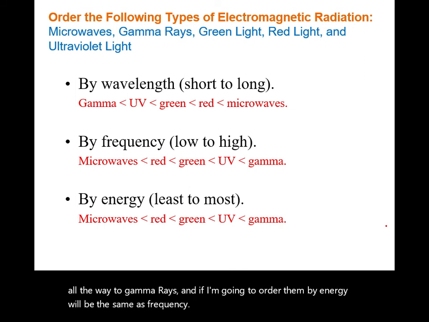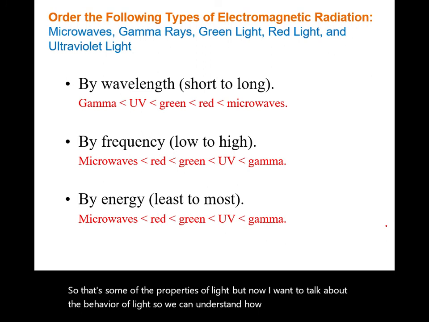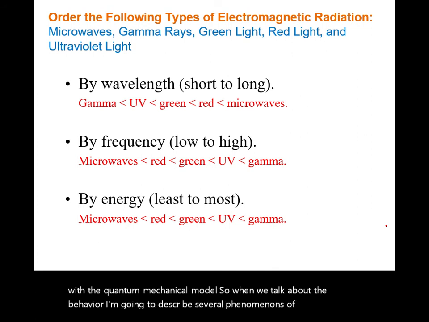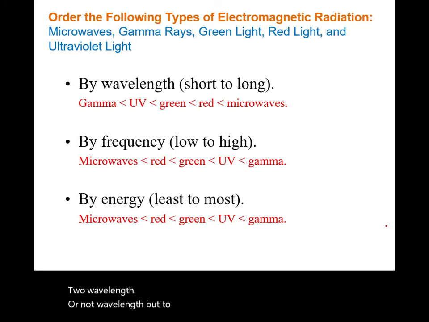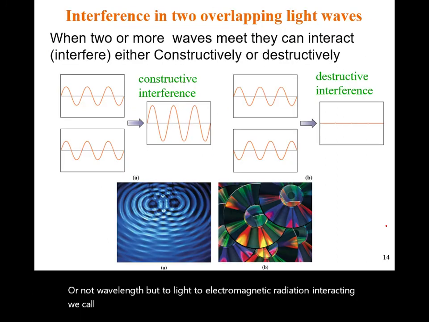All right. So that's some of the properties of light. But now I want to talk about the behavior of light so we can understand how it was used to come up with the quantum mechanical model. So when we talk about the behavior, I'm going to describe several phenomena of light. First is when we have two electromagnetic radiations interacting. We call that interaction interference.